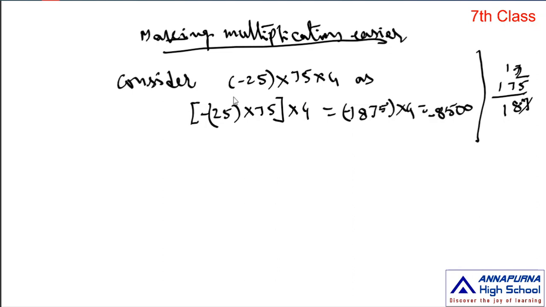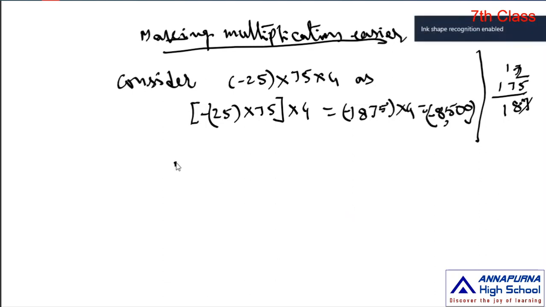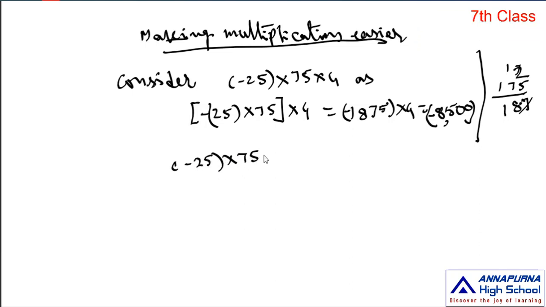So the product of minus 25 into 75 into 4 is equal to minus 7,500.